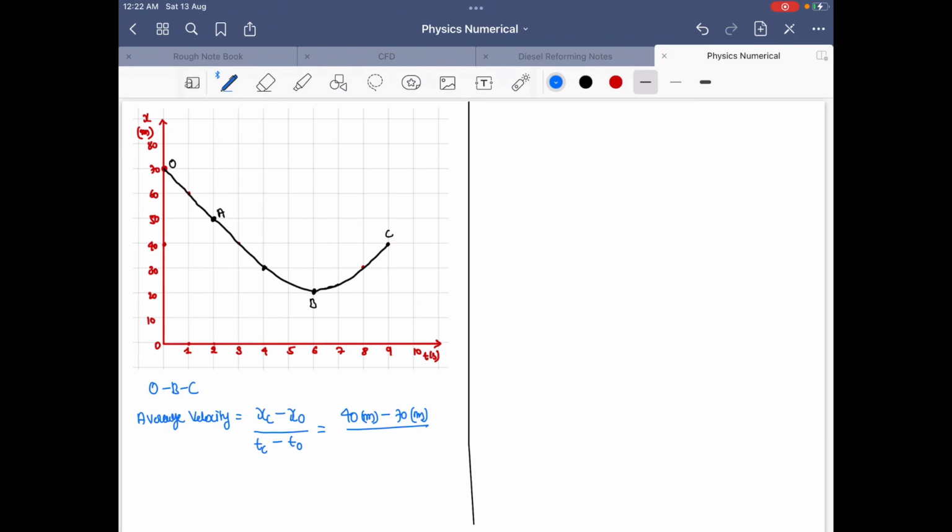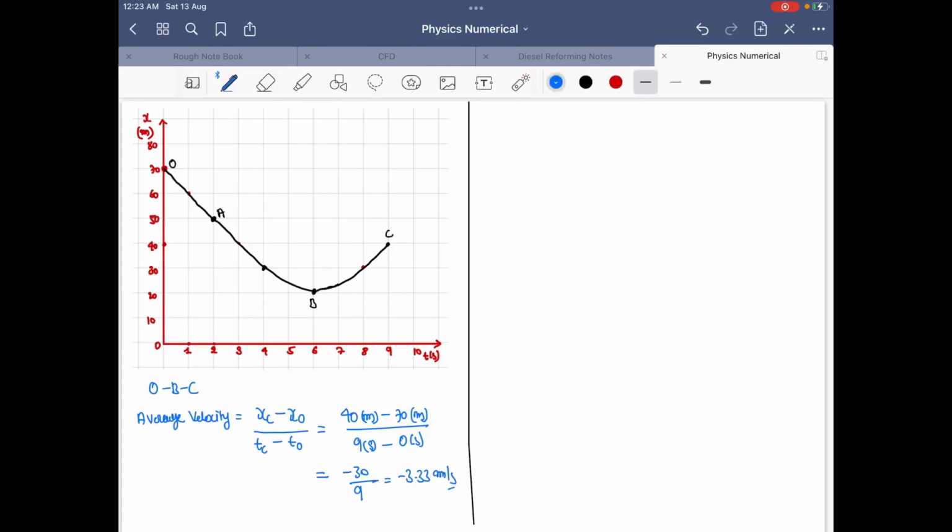The object has taken 9 seconds, and t naught is 0 seconds. So this will be equal to negative 30 divided by 9, which is negative 3.33 meters per second.